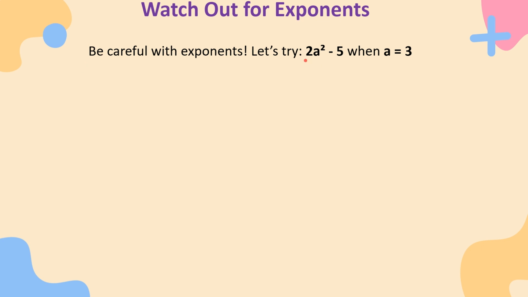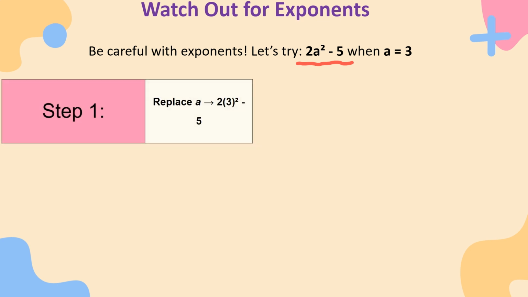Now let's try 2a squared minus 5 when a is 3. So we have our algebraic expression, 2a squared minus 5. What is our first step?